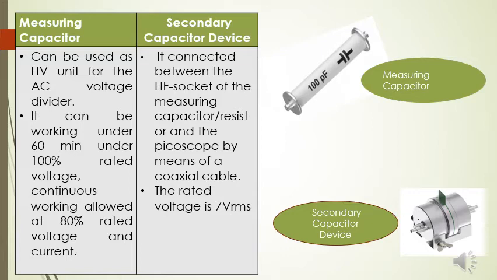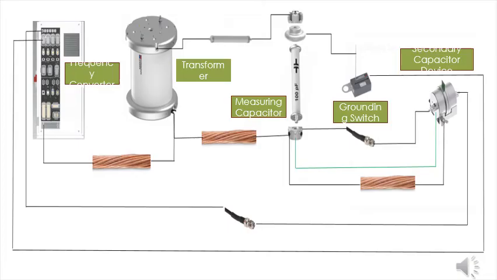The measuring capacitor regulates the voltage to 7 VRMS through the coaxial cable that only allows 7 VRMS to the secondary capacitor device. So basically, this is the proper connection of the AC dielectric test system from the power supply, which is the frequency converter, to the transformer, and lastly to the secondary capacitor device.